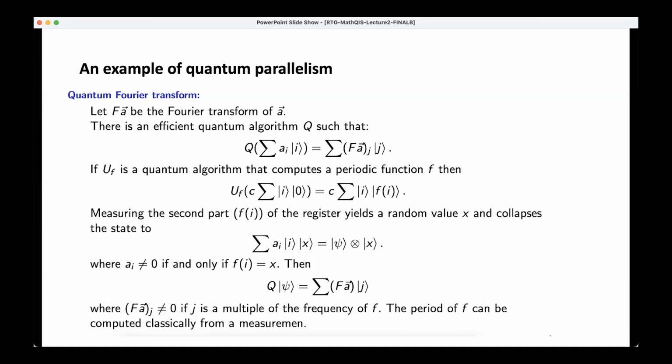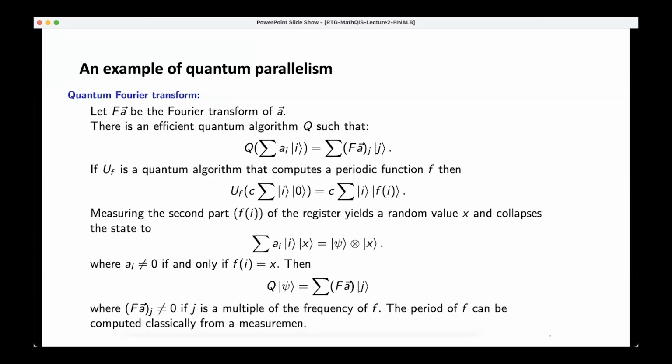So if U_f is a quantum algorithm that computes a periodic function f, then when you apply this to this linear combination, you obtain precisely this function.